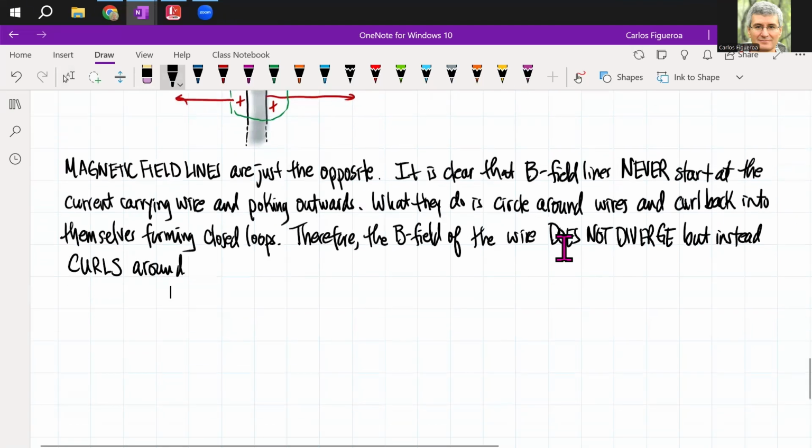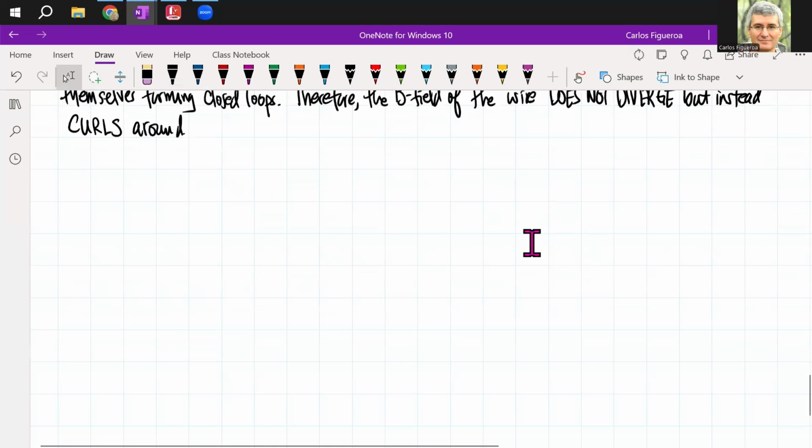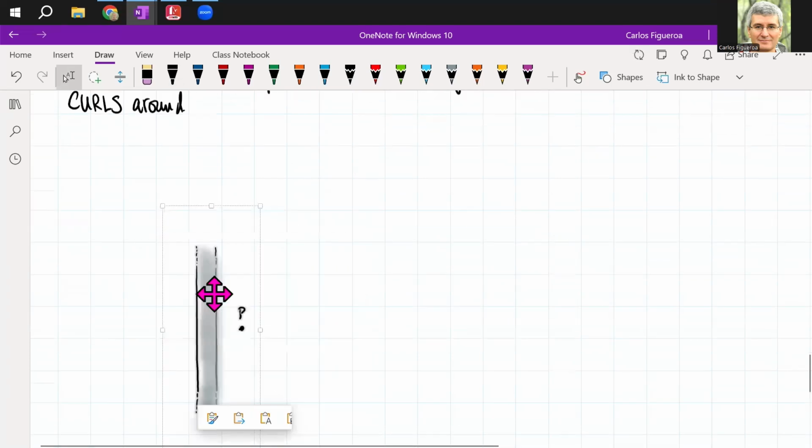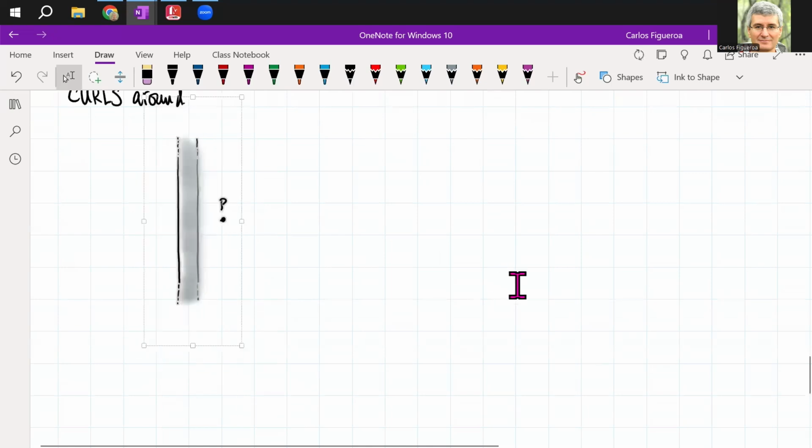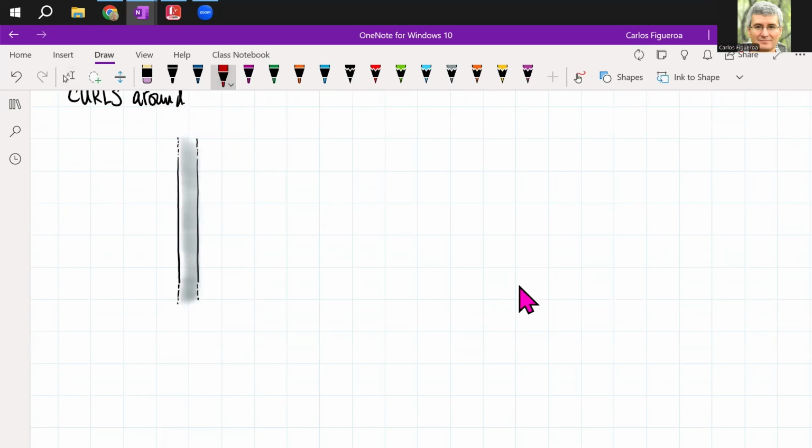So if I look at my picture here, there are two pictures that we can look at. If I'm looking at this one, what am I seeing? I have a magnetic field, and it's circling around. As it circles, my magnetic field lines are getting farther and farther apart, but they're always circling into themselves. In this case, I have a current that's moving upwards here.